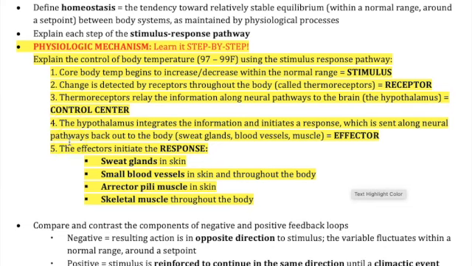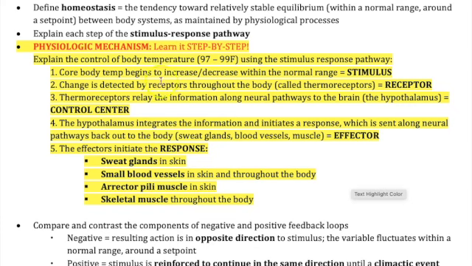Whenever I go through a physiologic mechanism with you, I want you to memorize it step by step. I guarantee you that you will see the stimulus response pathway on the exam that you take for me. In fact, this pathway is going to show up again and again throughout the semester as we move through different topics. That's how important it is.